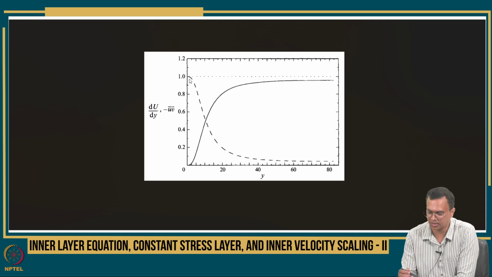So u plus is y plus here, but there is a zone that is called buffer layer where both turbulent shear stress and the viscous shear stress are equally dominant. This zone is called buffer layer. This is a very important layer for turbulence physicists as well as the turbulence modeling community, because this is the zone where maximum turbulence generation occurs.